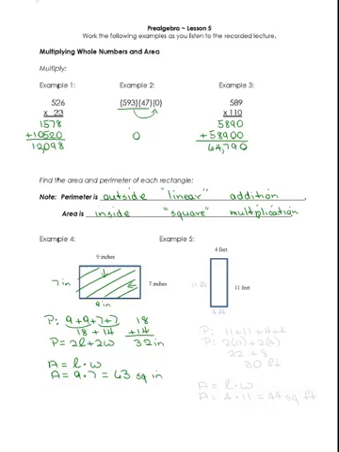Example 5 is exactly the same way. We have 11 feet for the side that's unknown over here and 4 feet for this side that's unknown. Perimeter then is going to be 11 plus 11 plus 4 plus 4. We could say that perimeter is 2 times 11 plus 2 times 4.